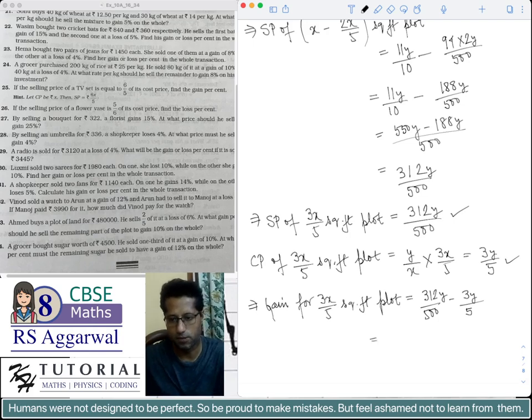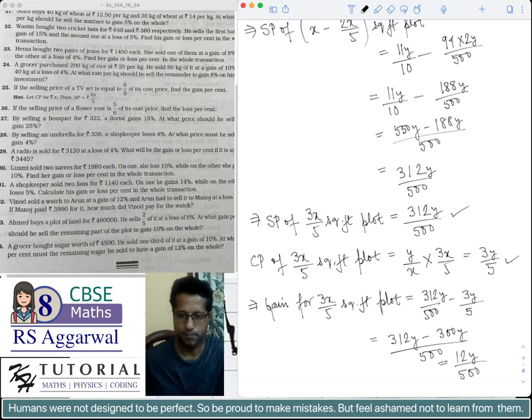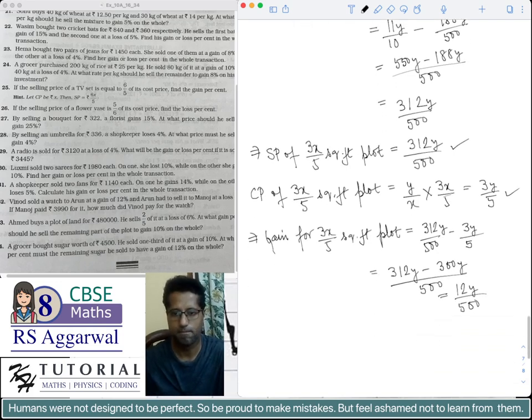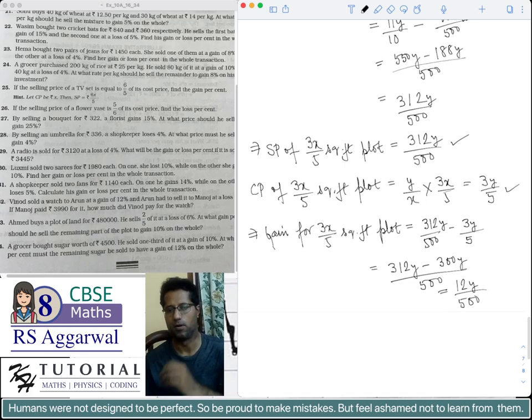After simplification, this is 312y minus 300y divided by 500, which is equal to 12y by 500. So this is the gain. This is the gain that must be made on selling the remaining plot. The remaining plot is the 3x by 5 square feet plot. So we have to find the gain percent now.